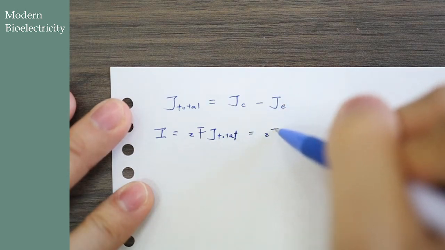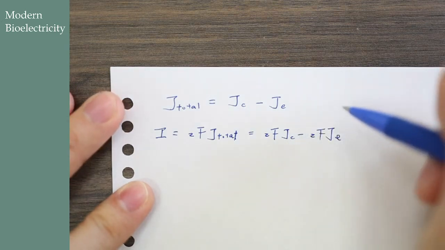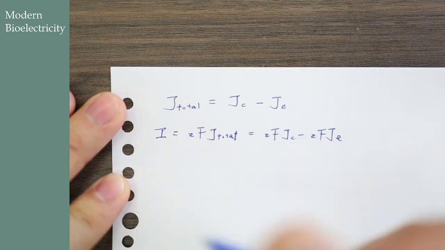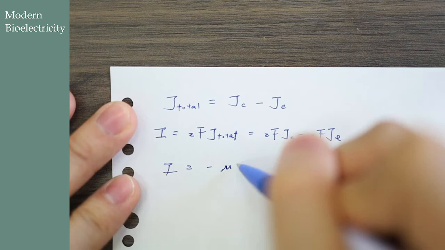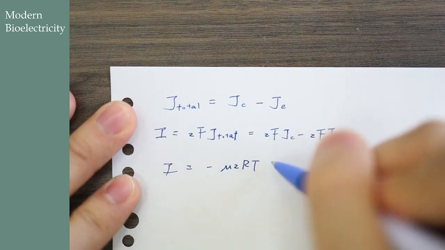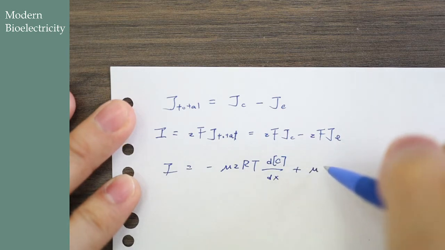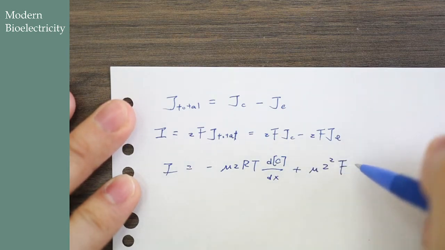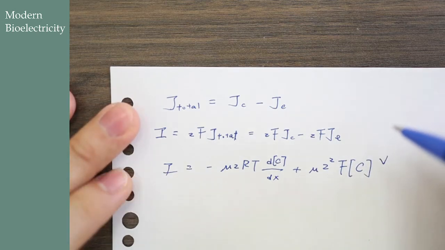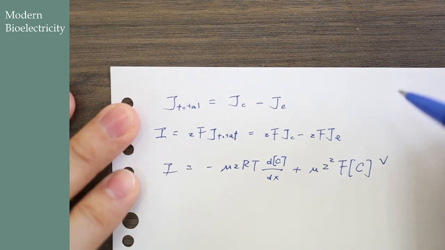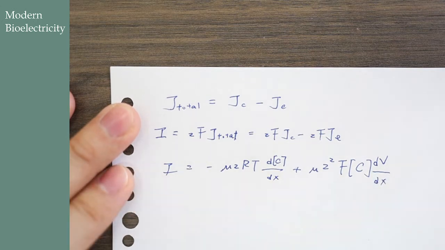Which is equal to ZF J_C minus ZF J_E. So from Fick's law and Ohm's law, we have I equal to minus mu ZRT dc dx plus mu Z square F C dv dx, right?